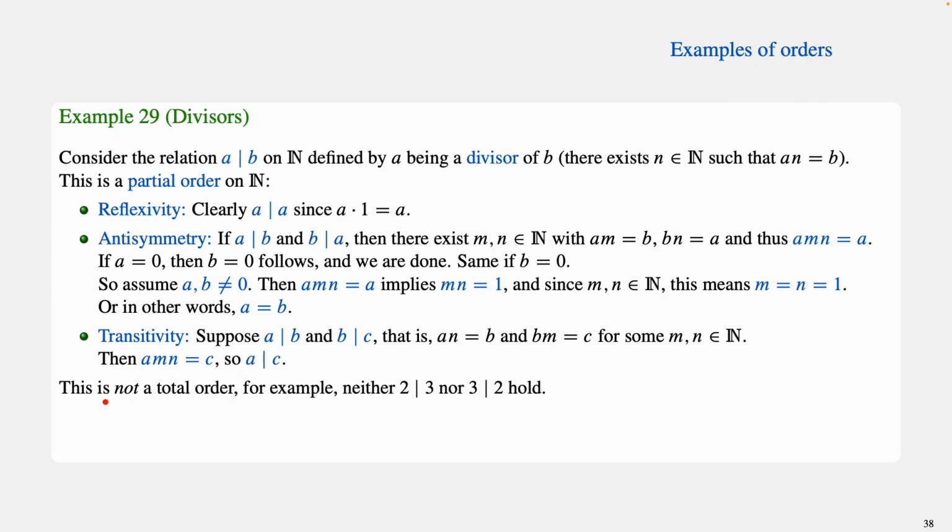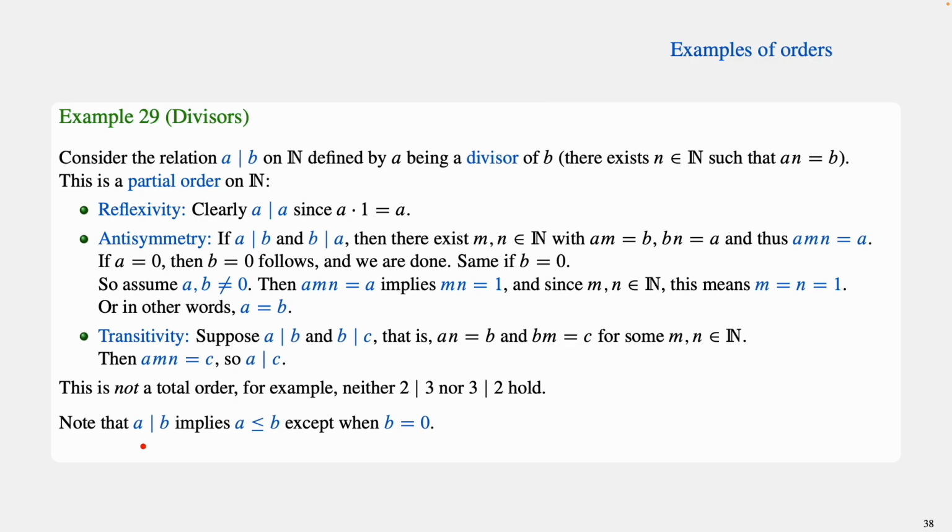And this is also not a total order. For example, neither the number 2 divides 3 nor the number 3 divides 2. So not every pair of elements is comparable by the divisibility order.